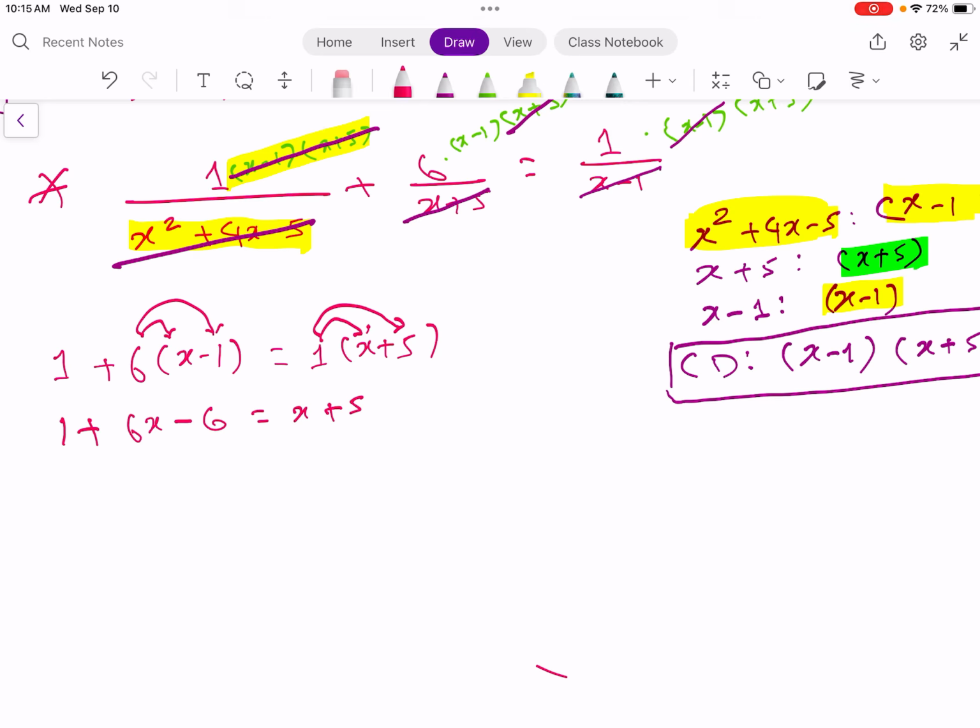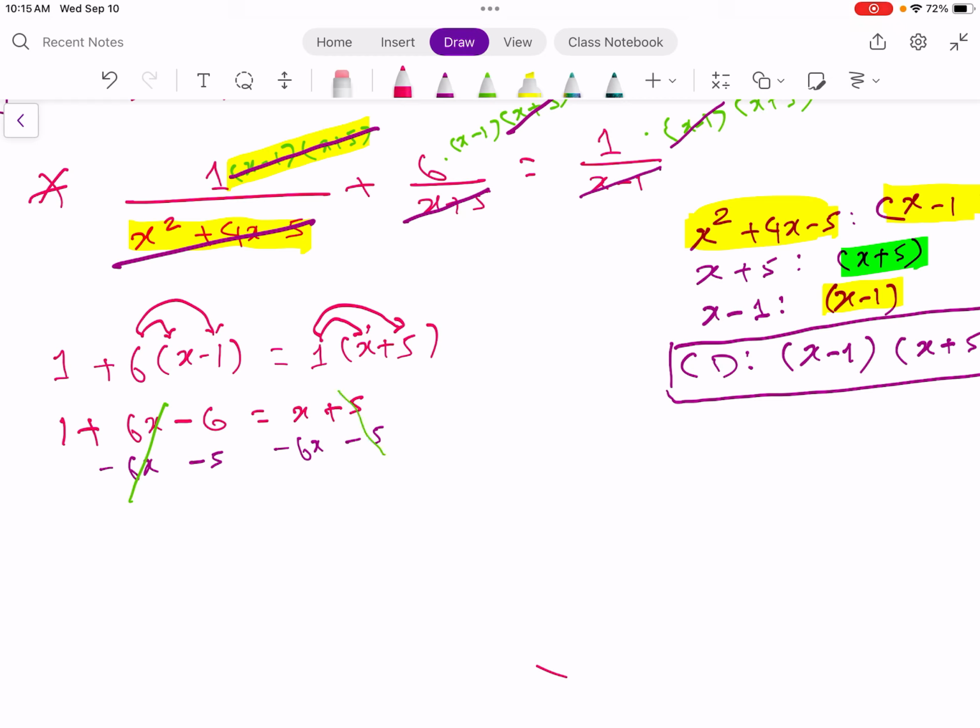Now let's collect the terms with x on one side and constants on the other side. So let's collect x on the right side. So subtract 6x on both sides, subtract 5 on both sides. So this is gone, this is gone.